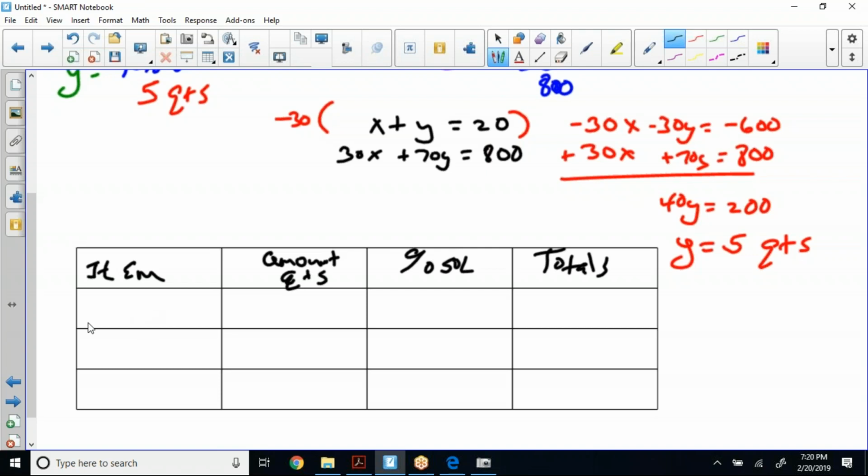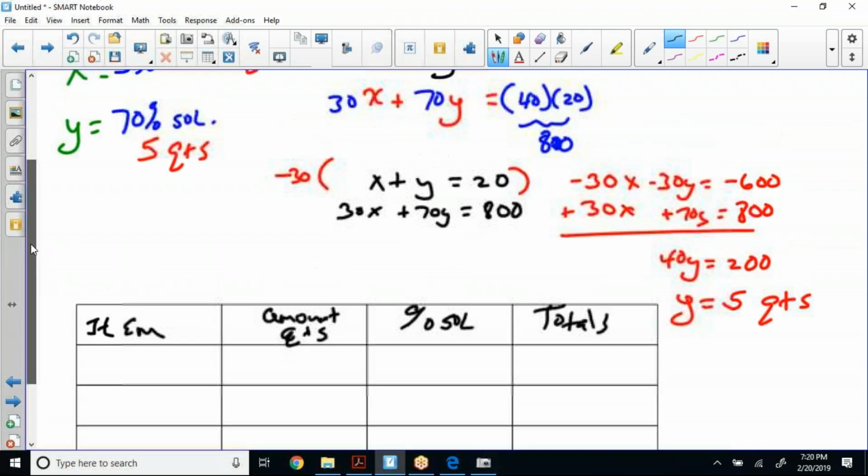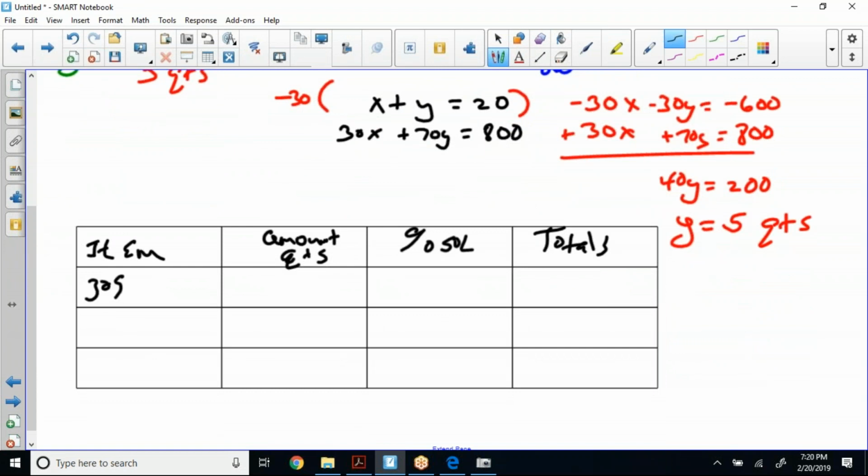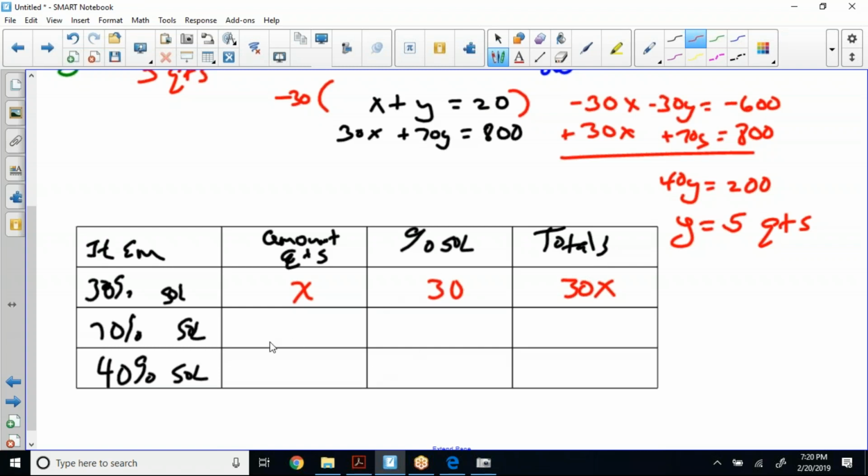So I've got a 30% solution, a 70% solution, and then I want to end up with a 40% solution. Well, I don't know how much I've got in the 30, do I? So we're just going to say X. That's an unknown, but I know it's 30%. So that gives me 30X. These two multiply. Now, I don't know about this one yet, but I know that that's 70. Would y'all agree?